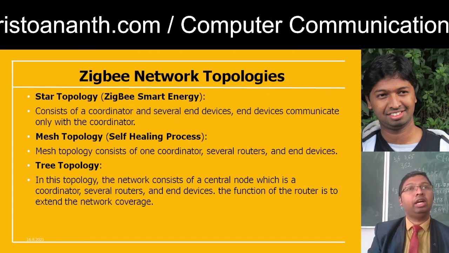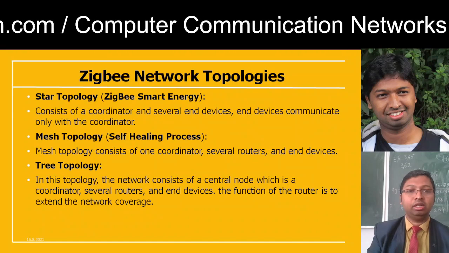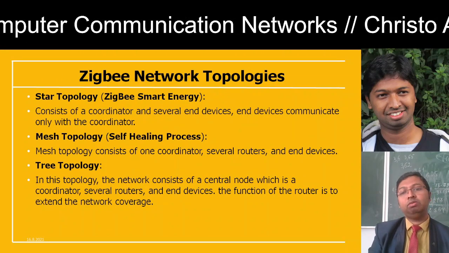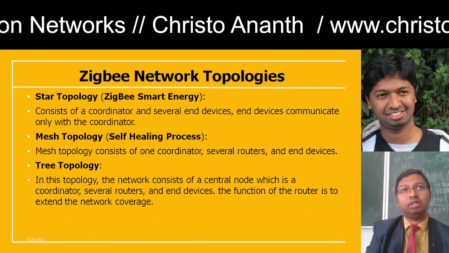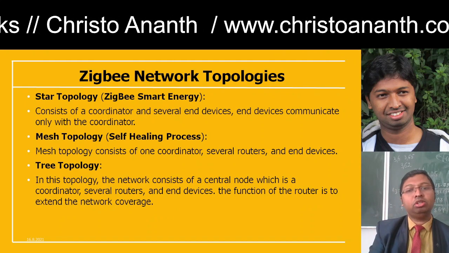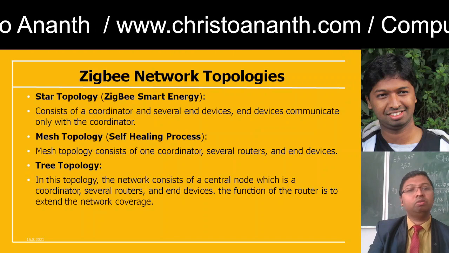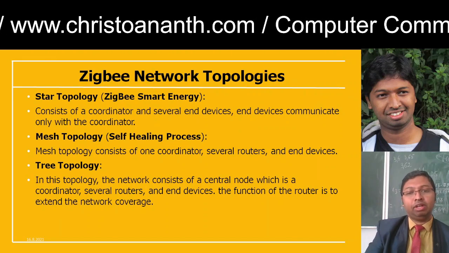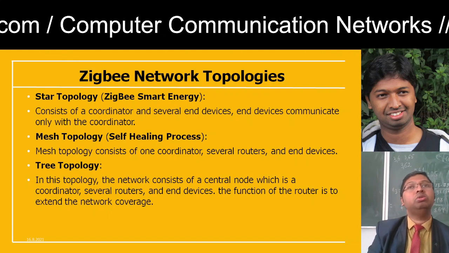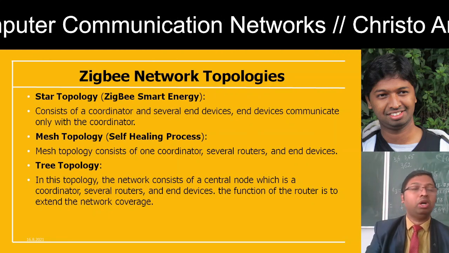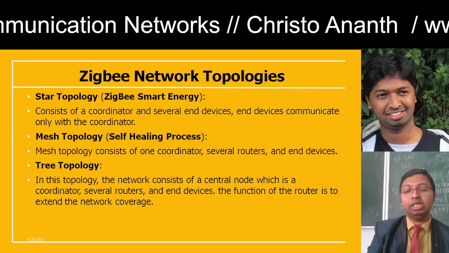End devices communicate only with the coordinator. Mesh topology has one coordinator, several routers, and several end devices. Tree topology has a central node, which is the coordinator, several routers, and several end devices, and the function of the router is to extend the network coverage, because that is what is needed from the tree topology.